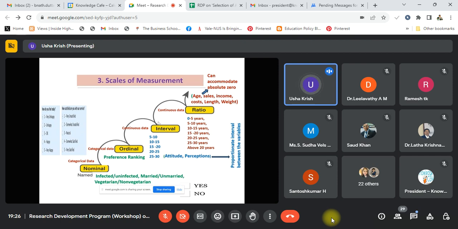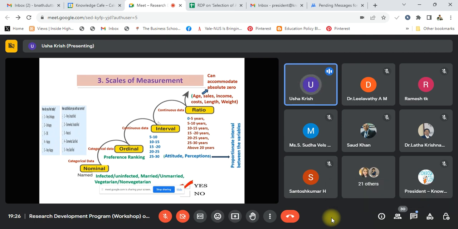The next one is, if I have categorical data in the form of ranking, then I should use ordinal scale. Again, if I have continuous data relating to attitude or perception, wherein the lower limit of first class is not zero, I should use interval scale.